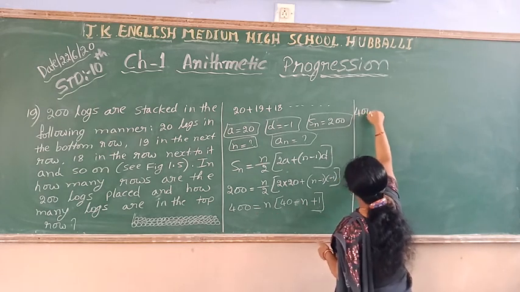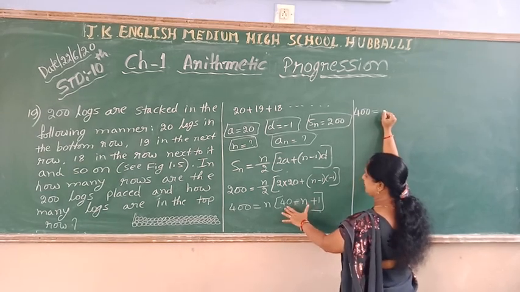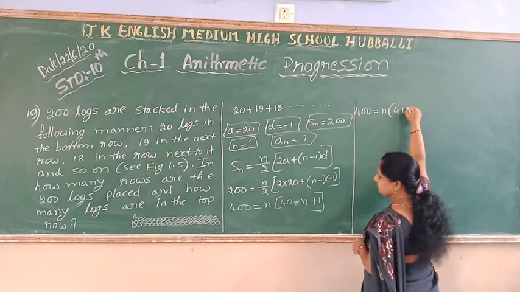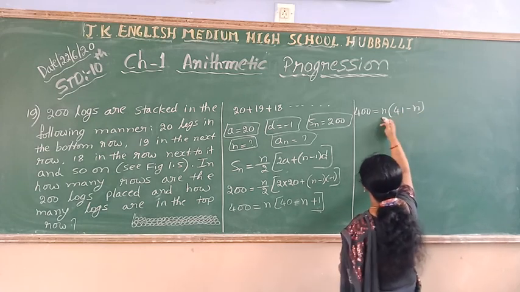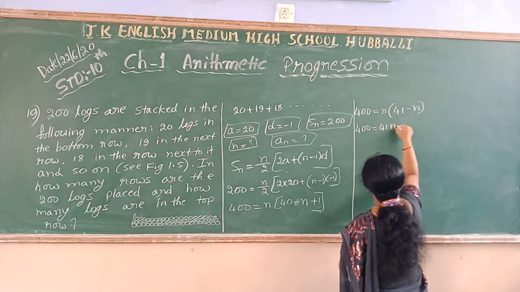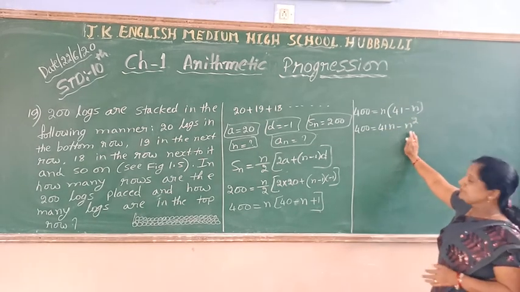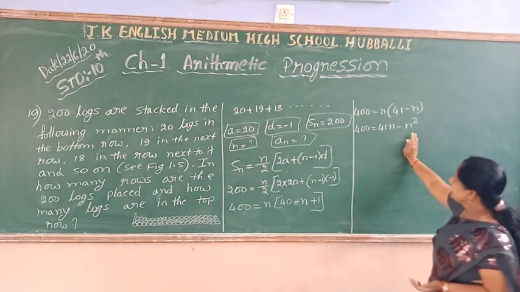This is 400, n into 40, 40 plus 1 is 41, 41n minus n square. You want the first term positive, it is in the form of a quadratic equation, to split and find out the n value.